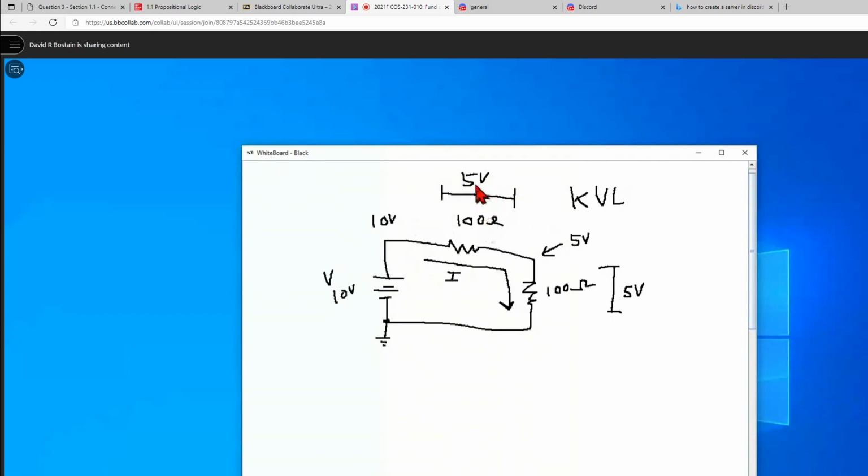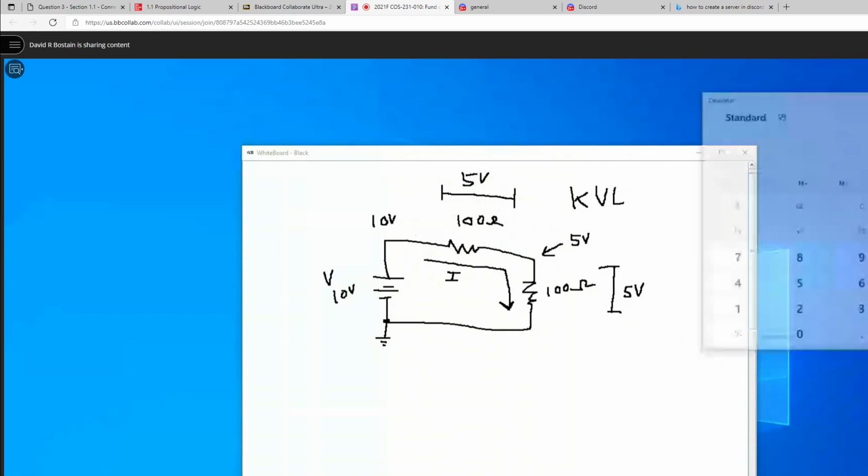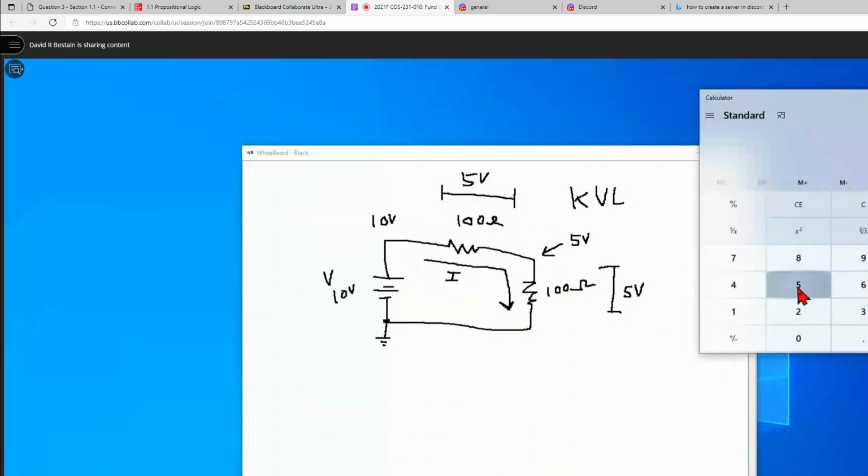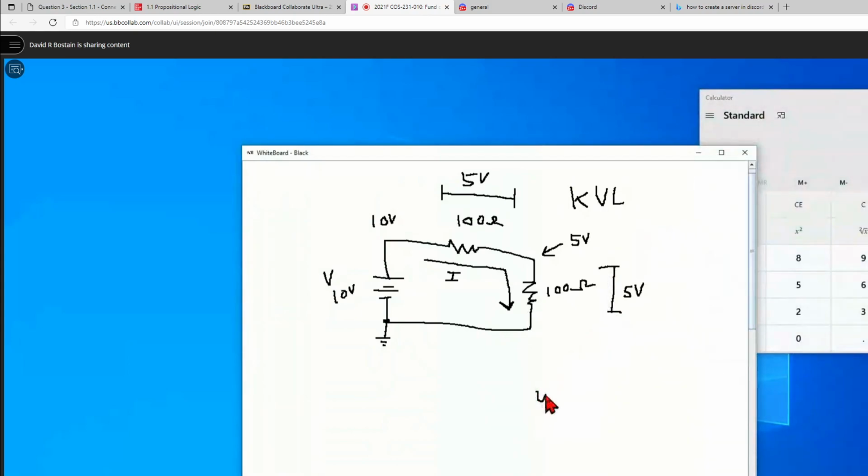So V equals IR. So if I take the 5 and divide it by 100, I'm not going to try to do that, even though I could probably do it. I'm just going to use the calculator. Five divided by 100 is equal to 0.05 amps.